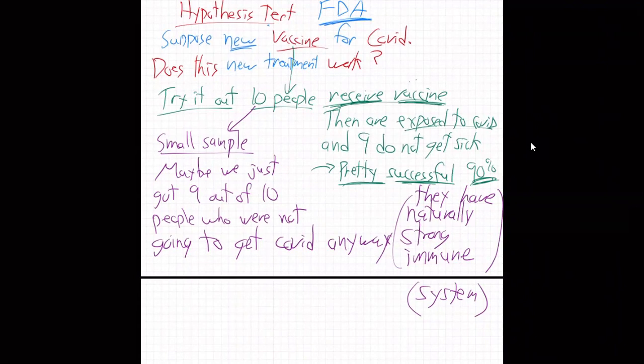Whoops, sorry. Turns out it doesn't work at all. And then we gave it to all of America, and then we let everybody get exposed, and whoops, sorry. That would be a big mistake.